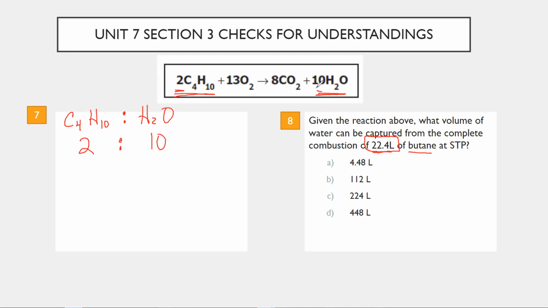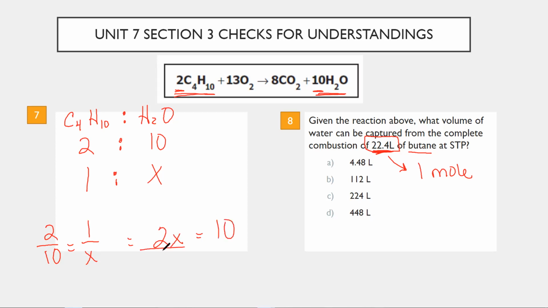There's your 2 and your 10. Remember, this is 1 mole, because 22.4 liters of any gas is 1 mole. We know we have 1 mole of butane, and they want to know how much H2O we're getting out of it. So 2 over 10, 1 over x, that's 2x equals 10, and solve for x.